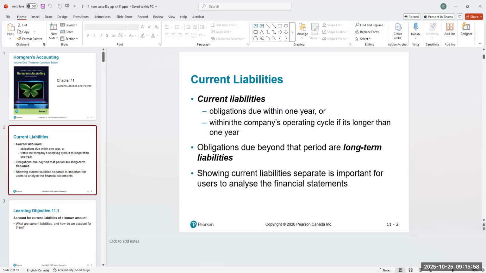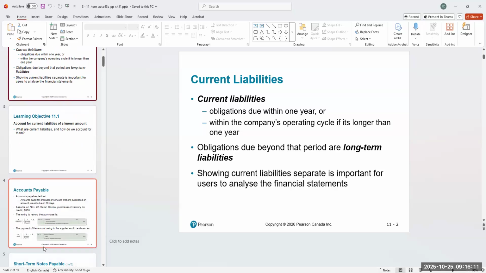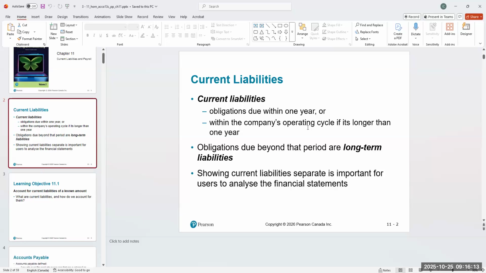That's the pure definition from the accounting standards. And for the current liability, we're looking for either the operating cycle of the company or 1 year, whichever is longer.